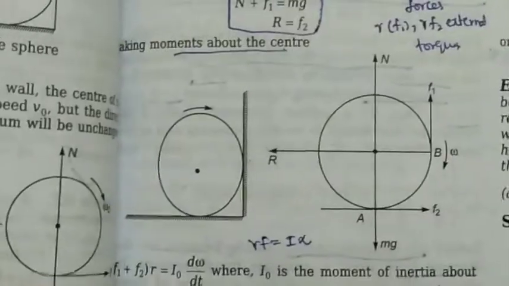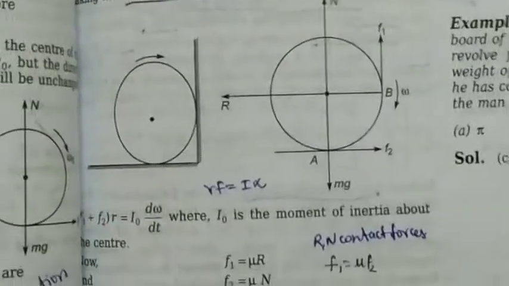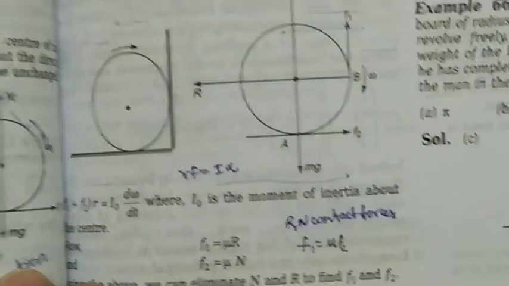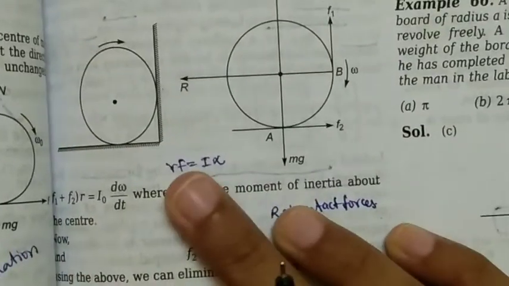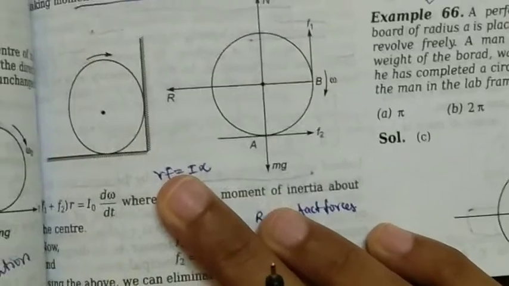Now taking moments about the center, that means considering torque about the center. Torque is nothing but r cross F, that is rF sin theta, and it would be maximum when theta is 90 degrees.